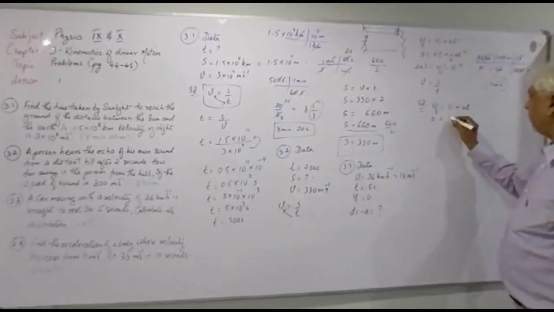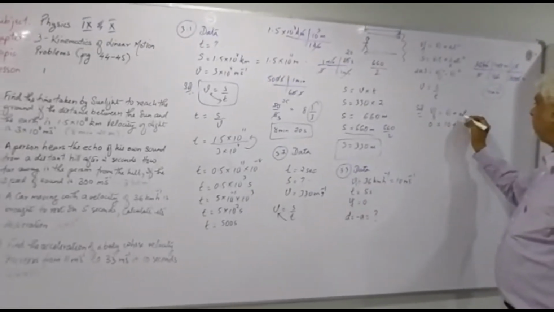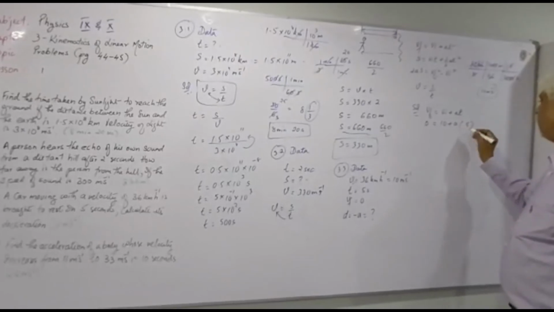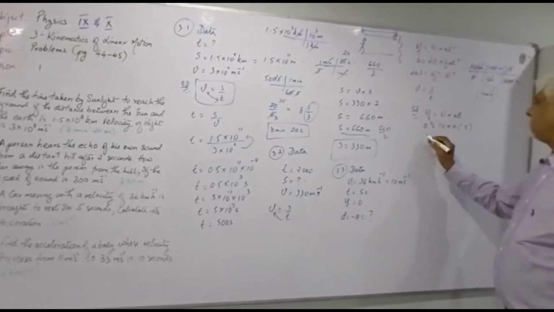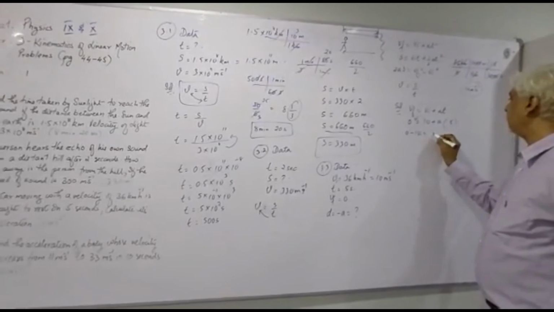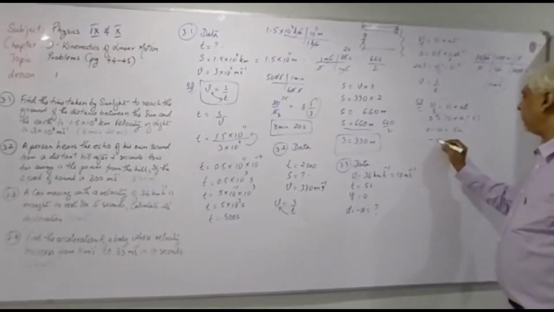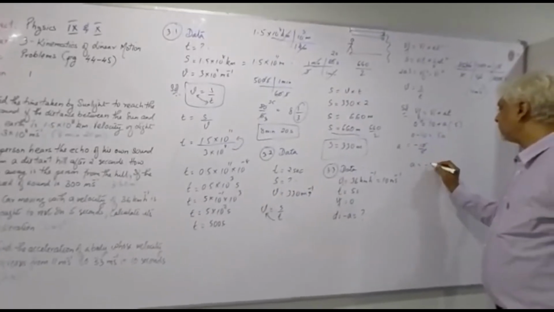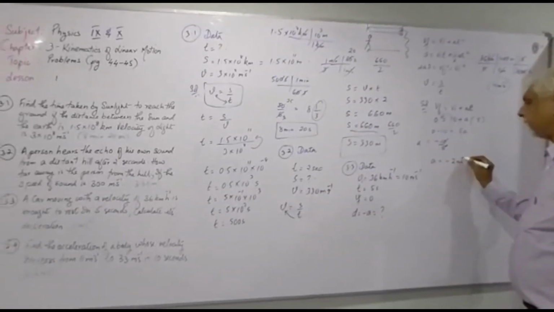So I'll put this over here, 10 plus a, and time it takes is 5 seconds. There you are. So we move 10 over here, so this will give you 0 minus 10 is equal to 5a, or minus 10 upon 5 would give you minus 2 meter per second square.